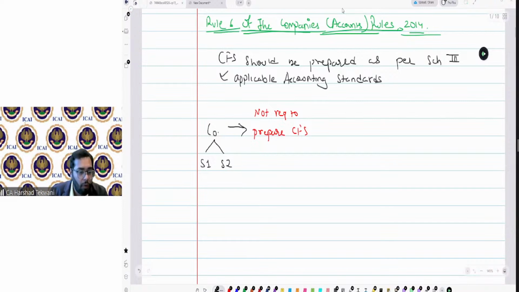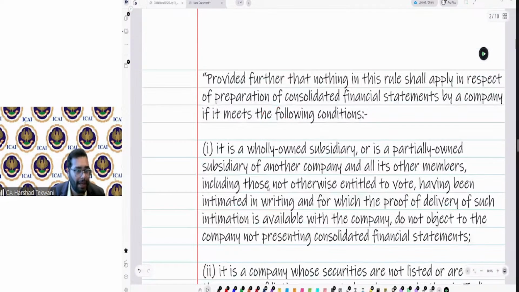And what are those categories? We need to see. So the following are the categories or conditions where, if they apply, the companies are not required to prepare CFS.